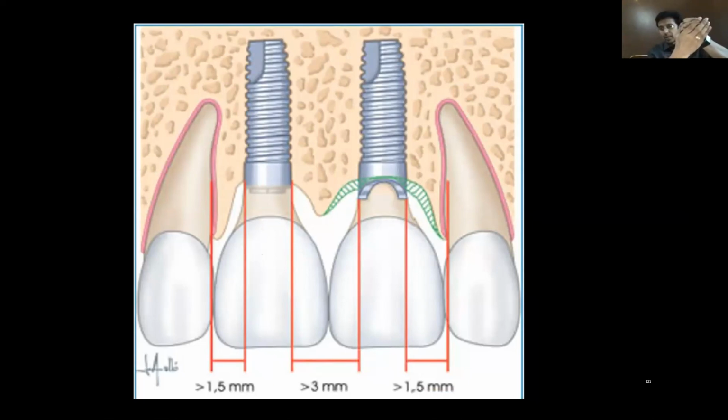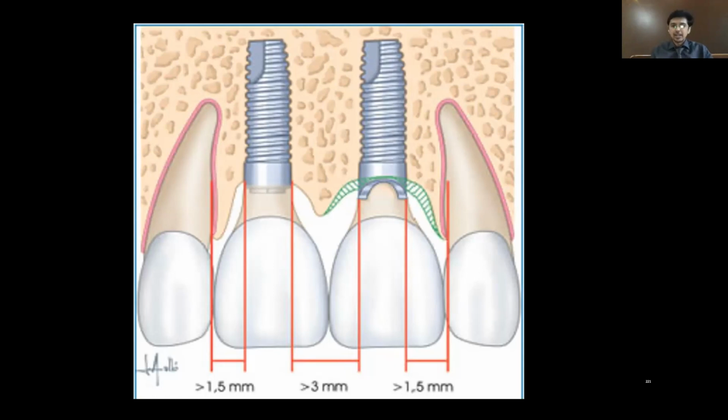It resorbs 3 millimeter of bone around itself to regain the biologic width. Okay, 1.5 millimeter on one side, 1.5 millimeter on the other side. Hence, we say between two implants, 1.5 millimeter of this implant, 1.5 millimeter of this implant, a 3 millimeter distance has to be there. This 3 millimeter distance is entirely based on the biologic width.